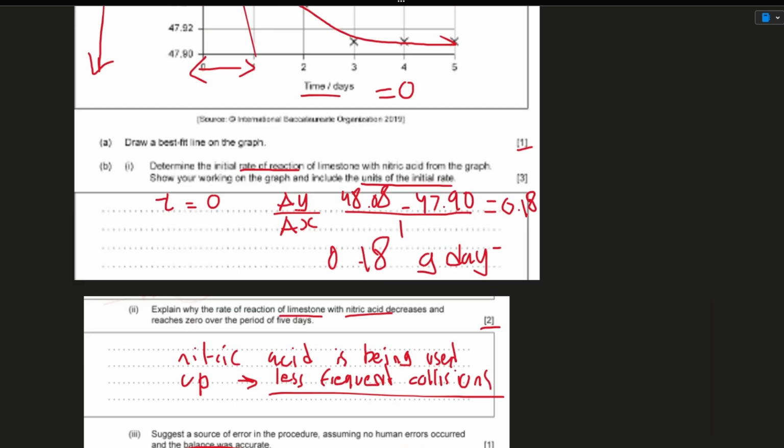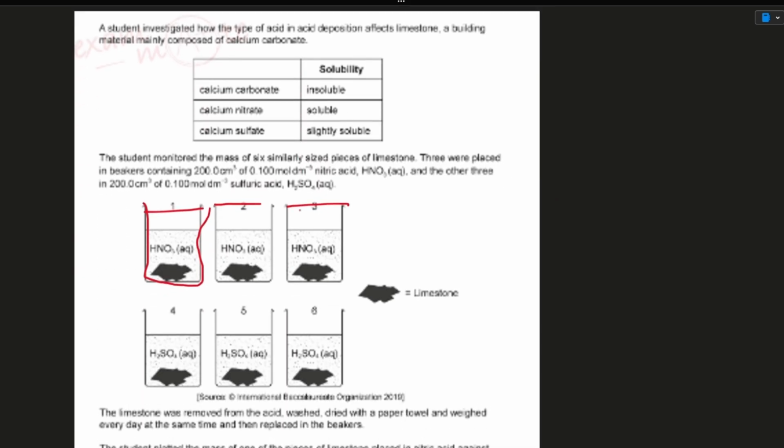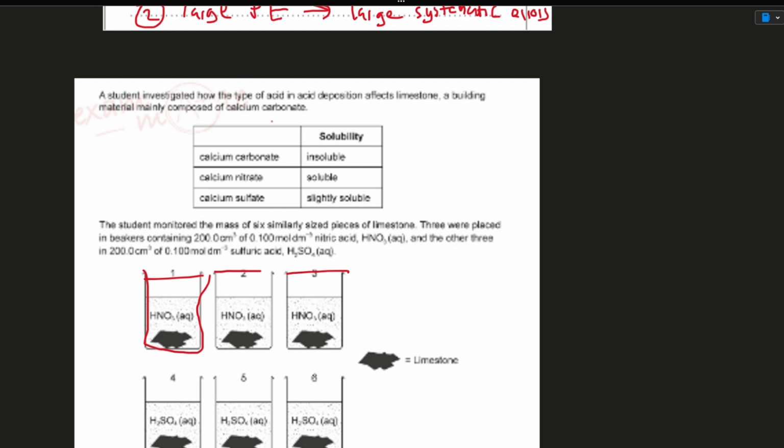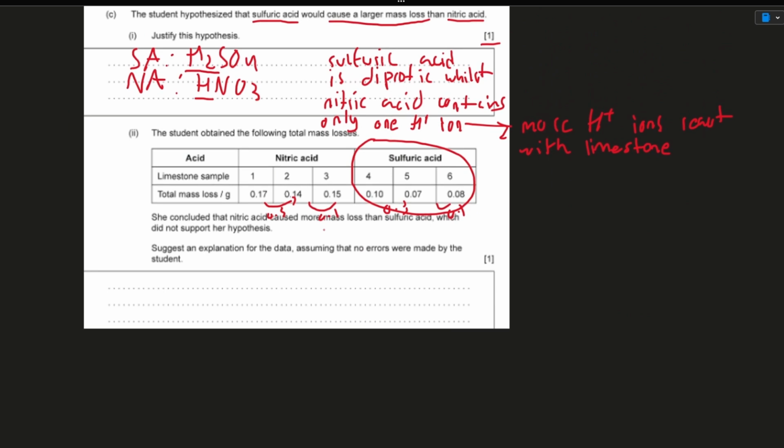So when calcium carbonate reacts with sulfuric acid, it produces calcium sulfate. So we can say that the calcium sulfate actually remained on the limestone instead of dissolving into the beaker, which caused the mass of the limestone to be greater than what it should have been.